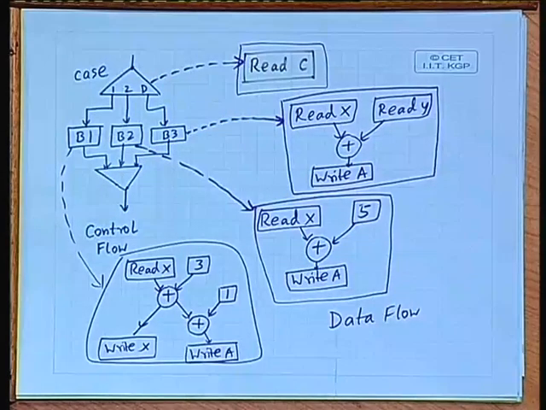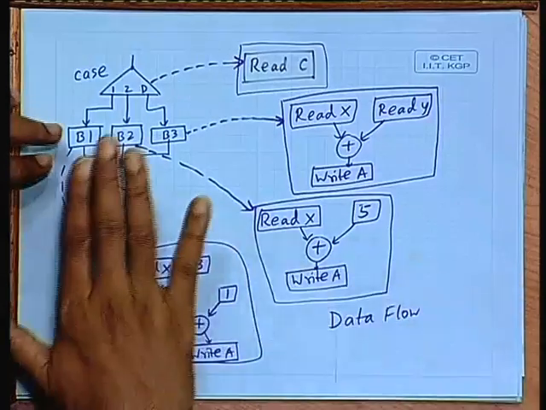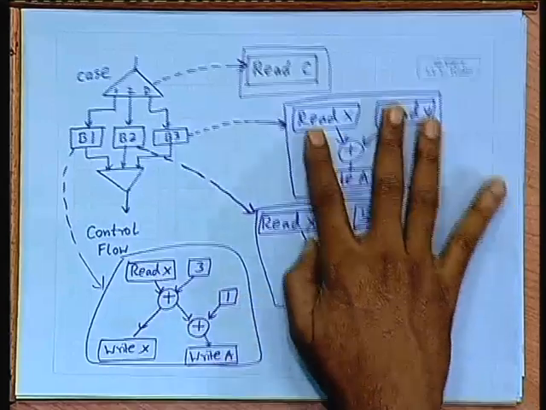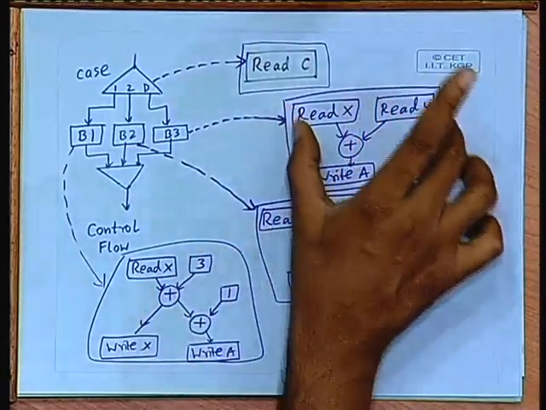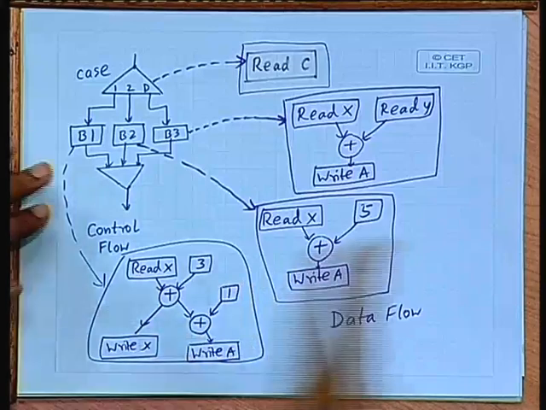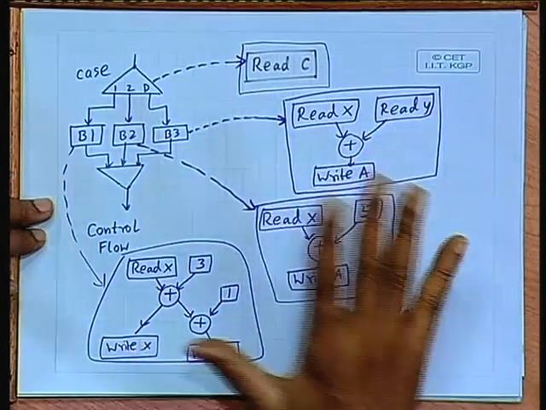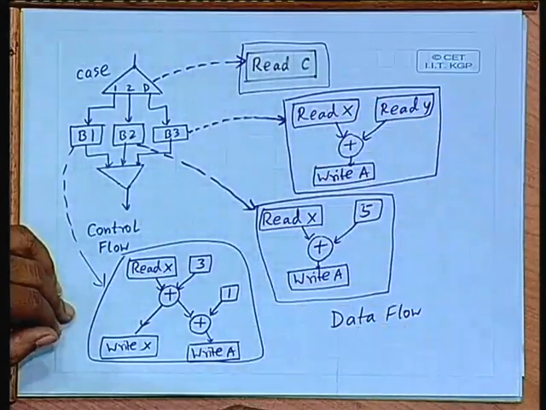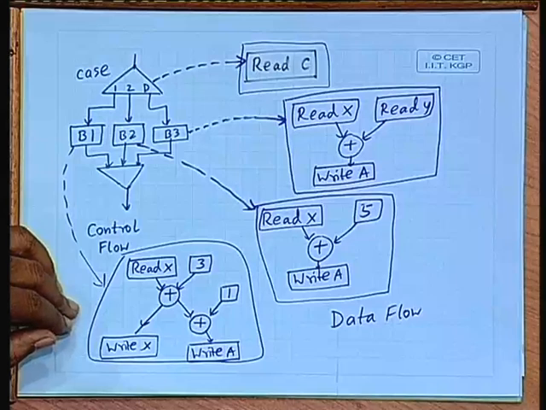So, actually the high level synthesis system will be first parsing your behavioral description and will be generating both the control flow and the data flow graph. Once you have generated diagrams like this, there will be some processing on this to find out how many registers you require, how many arithmetic logic units, adders, subtractors you require, what is the kind of hardware sharing you can use, what is the total number of computation steps or the clock cycles you need.